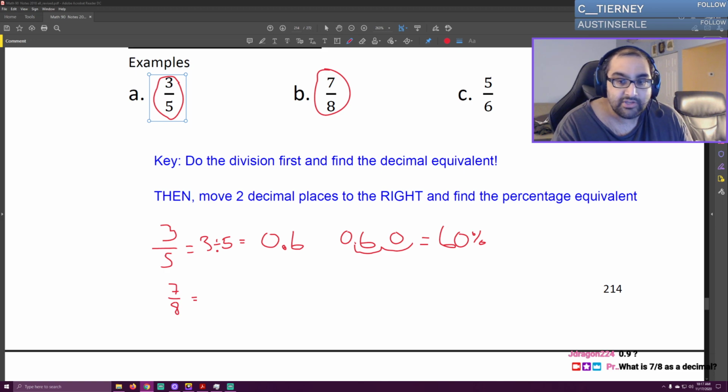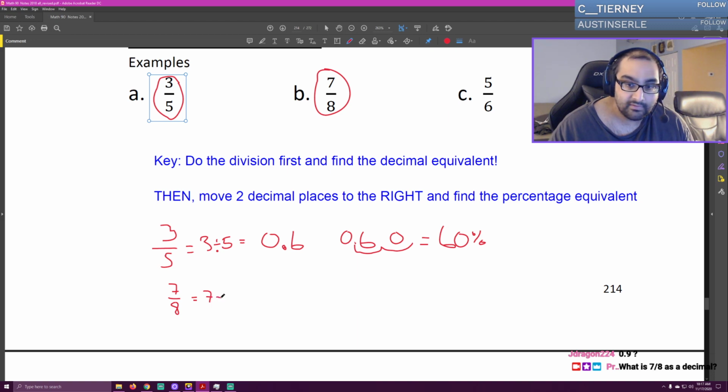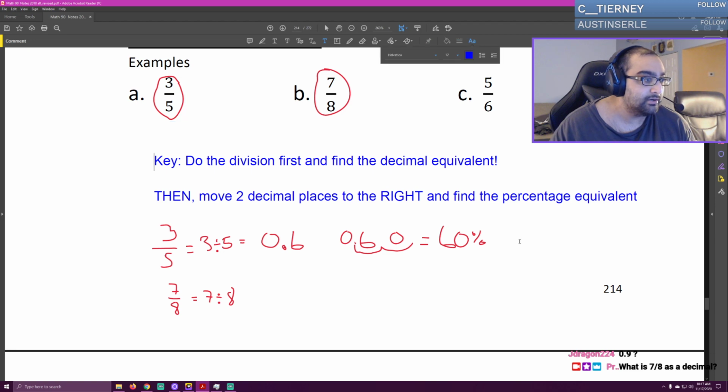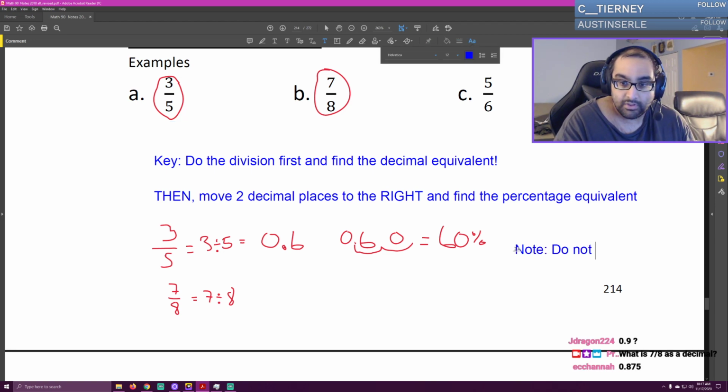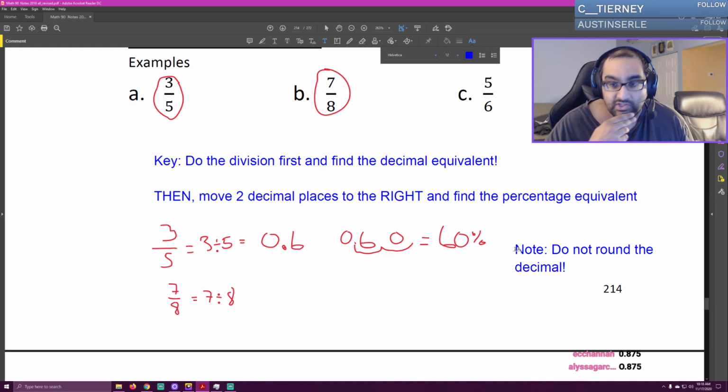So basically on your calculator, do 7 divided by 8. Don't round, though. Actually, that's a good point. Let me note that here. Notes: do not round the decimal. Yeah, 0.875 is correct.